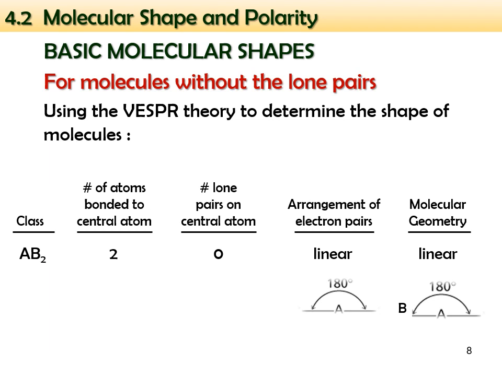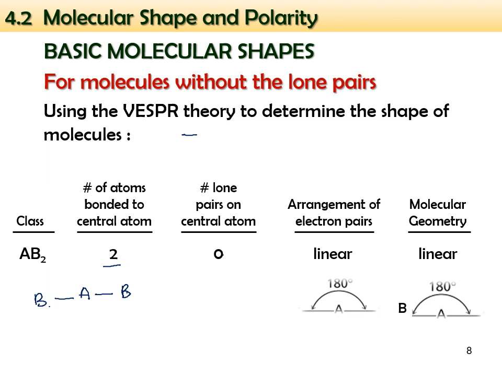So the class of the VSEPR is AB2, meaning the central atom is A, bonded to one terminal atom and another terminal atom. So how many bonding pairs? 1, 2. So the number of atoms bonded to the central atom is 2. Number of lone pairs at the central atom? None. For this case, the bonding pairs between A and the first B and then A with another B atom will arrange themselves as far apart as possible, to minimize the repulsion.